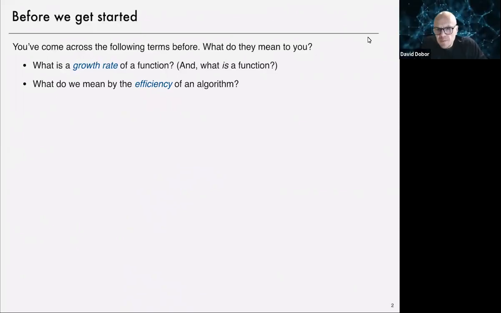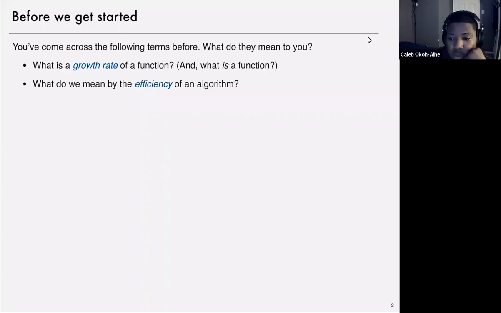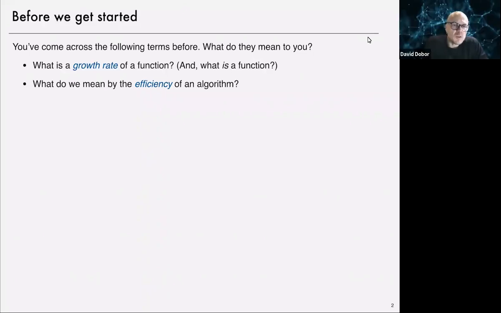It shouldn't take an algorithm 20 minutes to add 2 numbers together. Okay, good point, that's actually a good example. If an algorithm takes 20 minutes to add 2 tiny numbers to one another, you would call that inefficient. Yes. So we have this notion of efficiency.